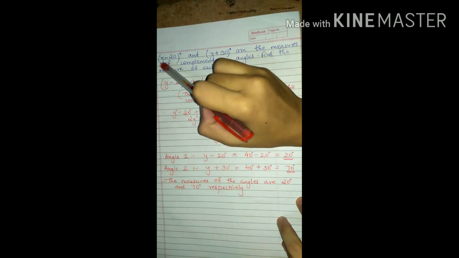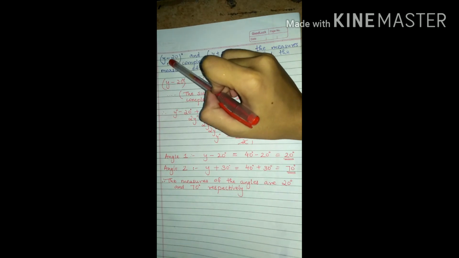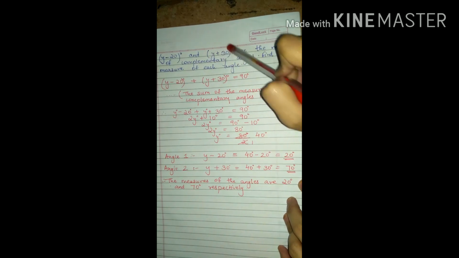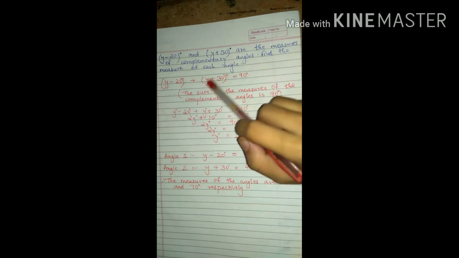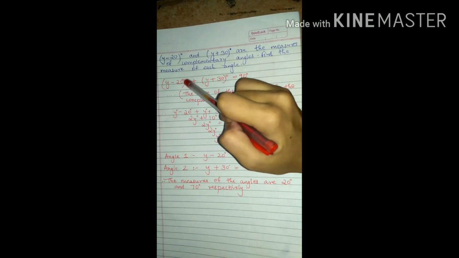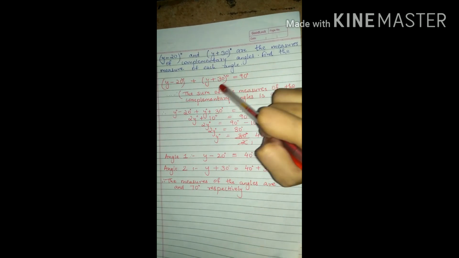Now see, as you can see, this y minus 20 means some figure should come as the measure of one angle, and some figure should come as the measure of the second angle. So this is y minus 20, angle 1, plus y plus 30, angle 2.